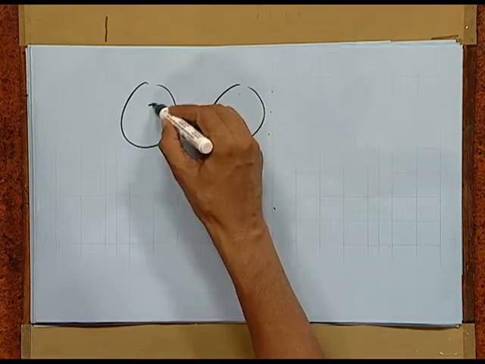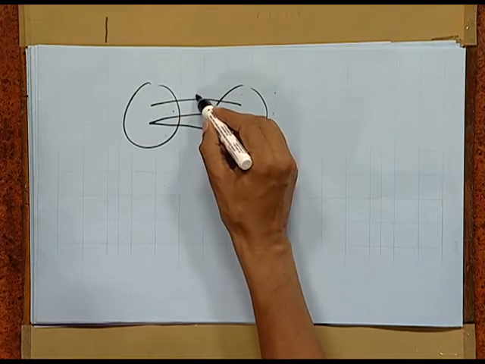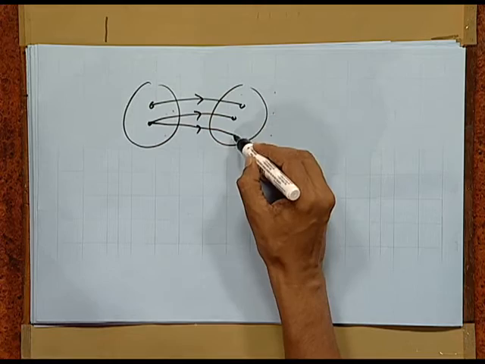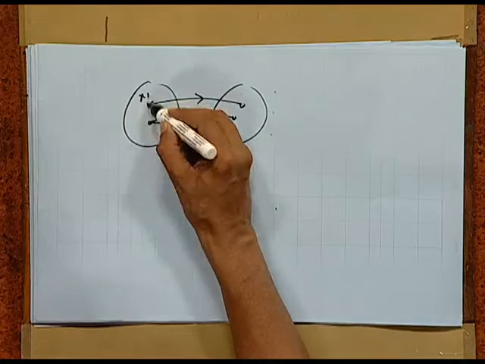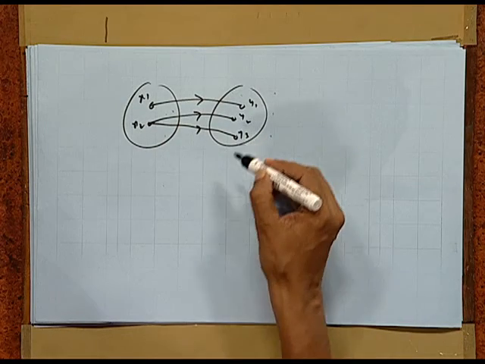We take one more example. Once again, this is not an example of a function, because the element x2 has two images, namely y2 and y3, whereas our requirement is that every element should have a unique image.